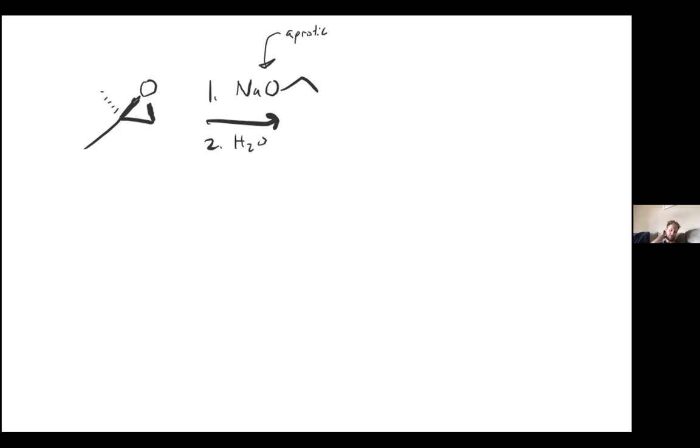There's no proton, versus if we had something like ethanol, now we have that proton on there, we call this protic. So we're in our aprotic version up on the top here. So we're not going to protonate this epoxide at all.